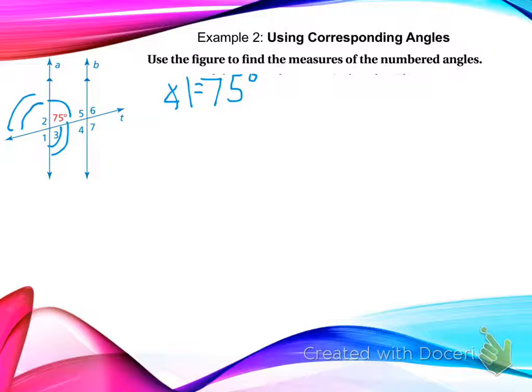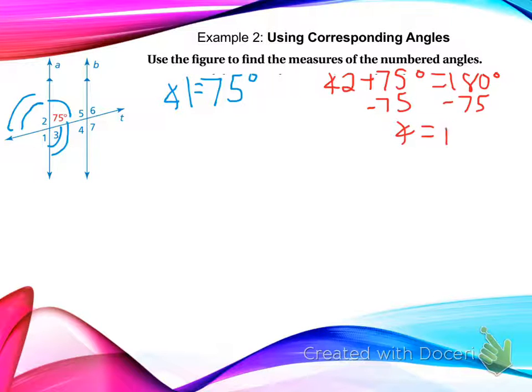So to find the measure of angle 2 and 3, remember the measure of 2 plus 75 degrees is going to equal 180. Subtract 75 from both sides, and we get the measure of angle 2 is 105 degrees.